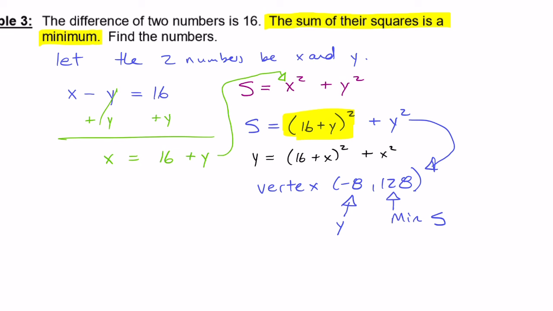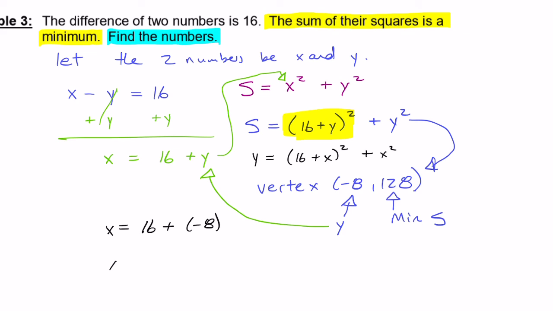So this question is asking us to find the two numbers though. So we got negative 8 is one of the numbers, but I'm going to sub negative 8 in for y here and get x equals 16 plus negative 8.